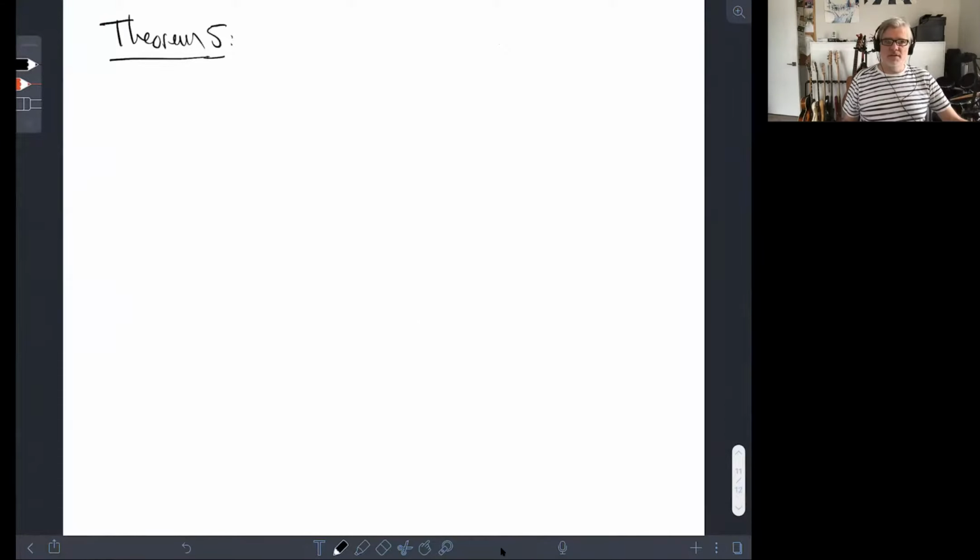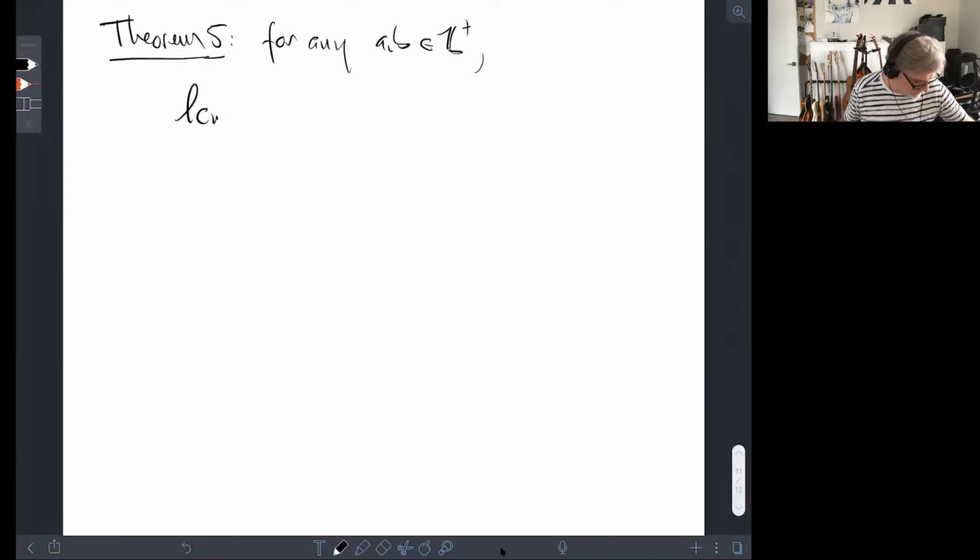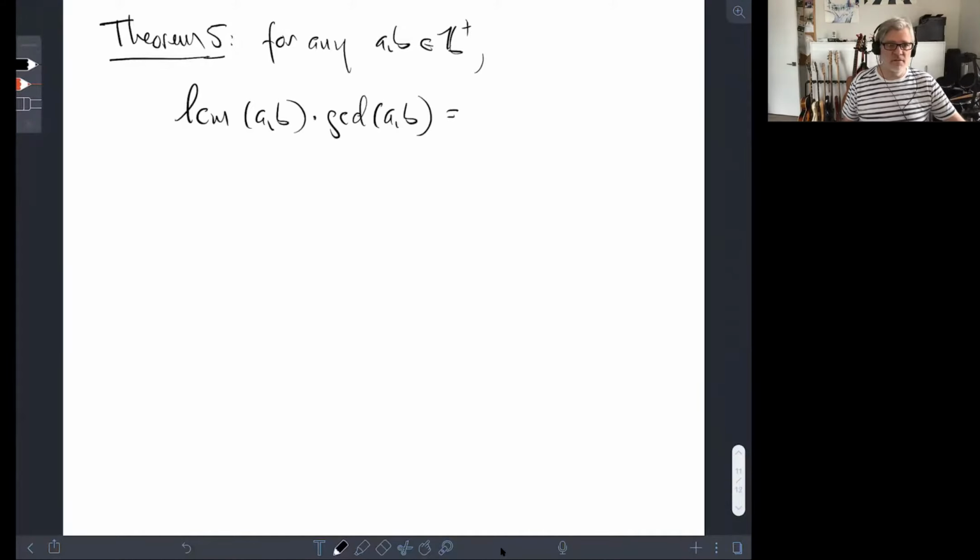So this is actually a pretty cool little observation. So if you take any positive integers and you multiply the GCD and the LCM, you'll ask, why would one want to do such a silly thing? Well, because the result is really cool. It's A times B.